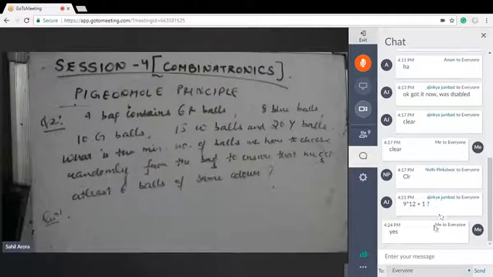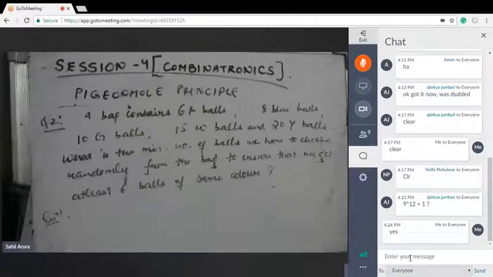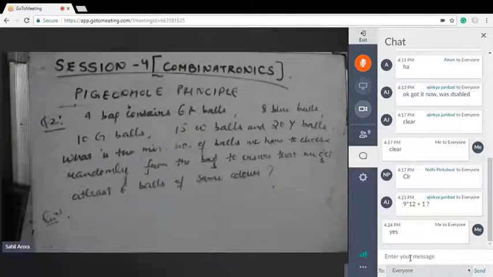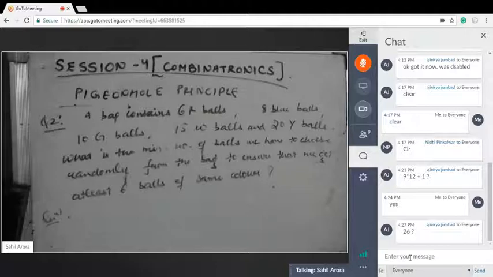We just need to apply the theorem that we discussed. That's it. If he doesn't know the pigeonhole principle, approaching this question would be quite difficult. Anybody can discuss their approach also if they want.